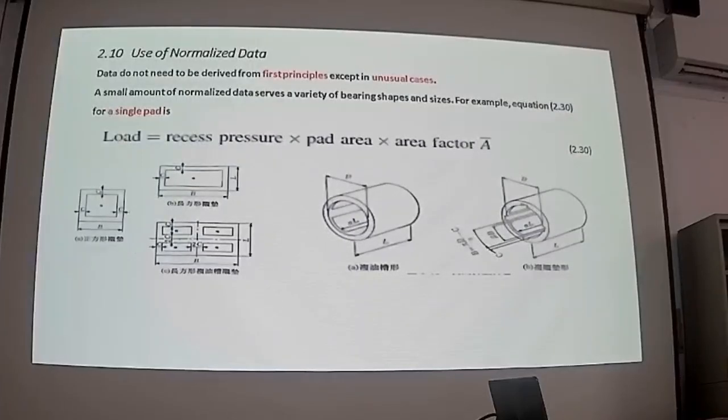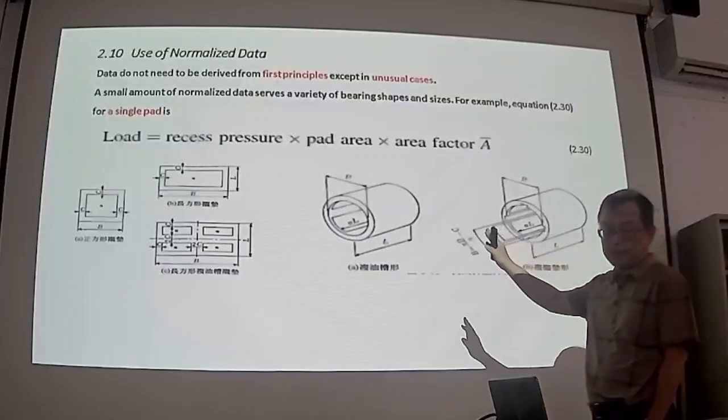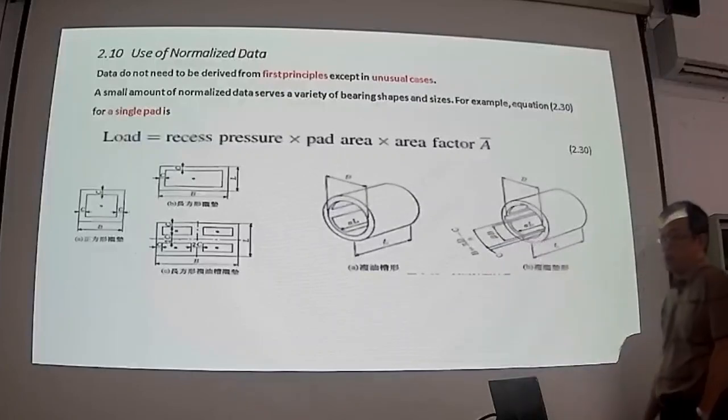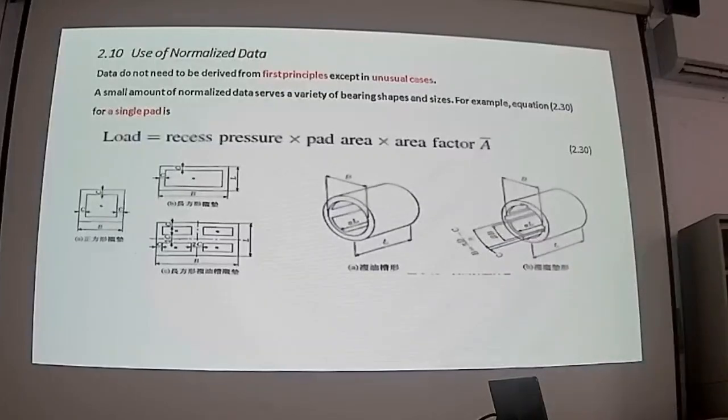And next, normally in fluid dynamics or fluid mechanics, we like to use normalized data, which means the results discussed here can be applied universally if the form or the configuration of the bearing is similar. They can use the result, okay?